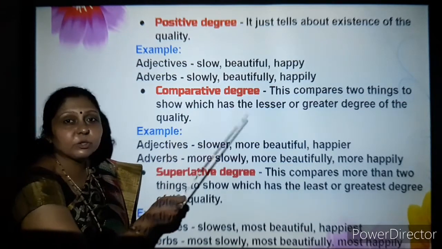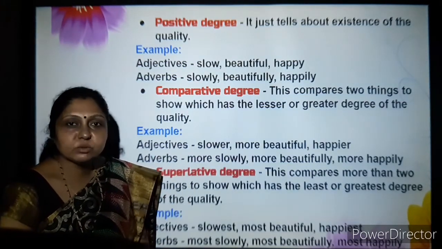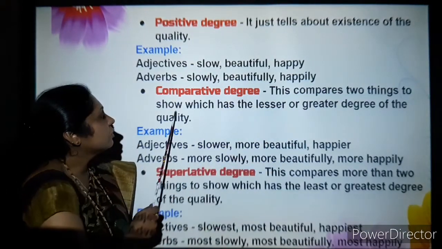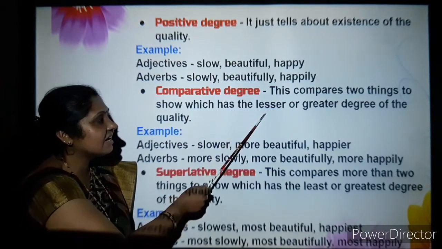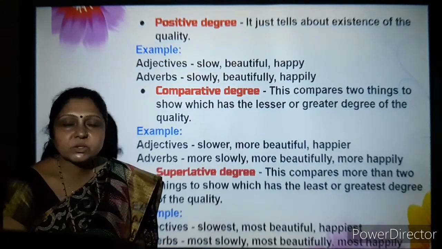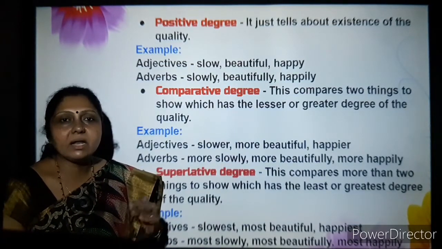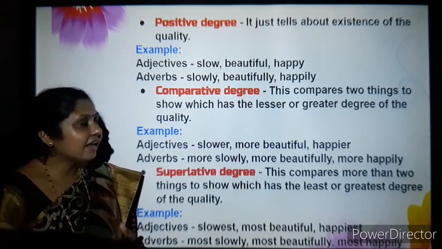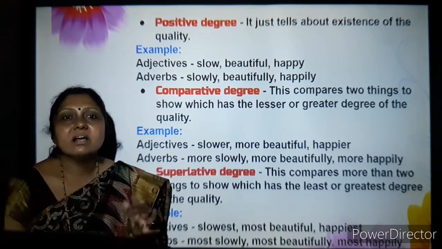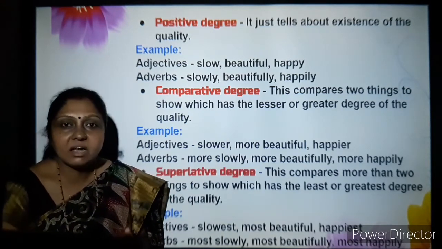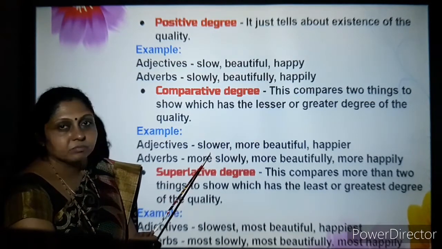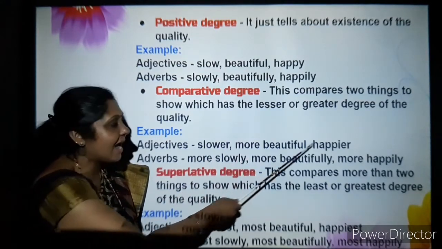Next is comparative degree. Where do we use this comparative degree? This compares two things to show which has the lesser or greater degree of the quality. So we use it when we compare between two things, and tell which is lesser or greater in the degree of the quality. Examples, adjectives: slower, more beautiful, happier.